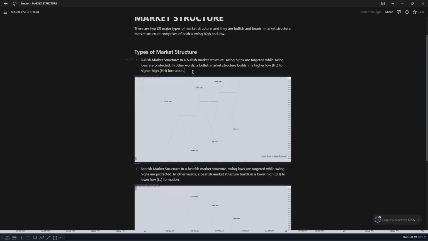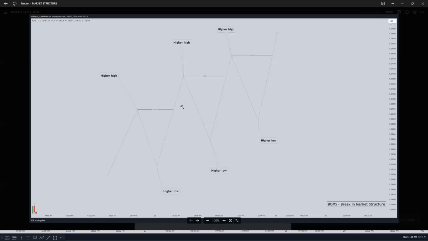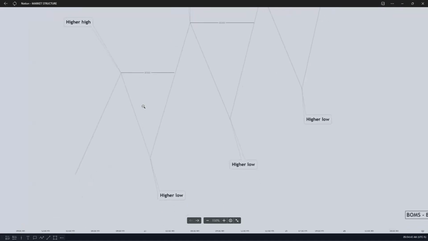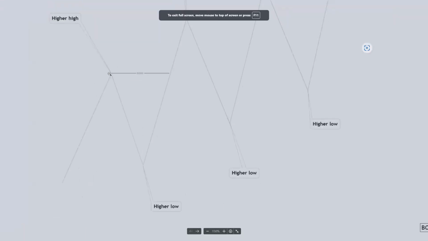In the bullish market structure, swing highs are targeted while swing lows are protected. This is what I mean. If you have a look at this image, there's a swing high and a swing low. This swing low was protected while the swing high was targeted, meaning it was taken out by this push up.